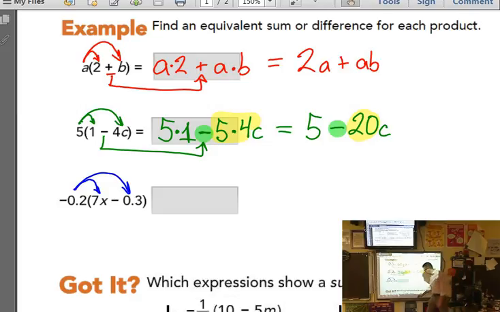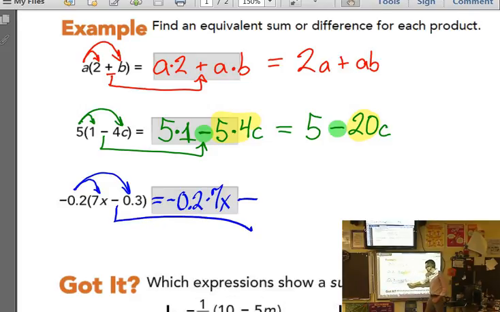Okay, the last one here will turn into negative 2/10 times 7x, minus negative 2/10.